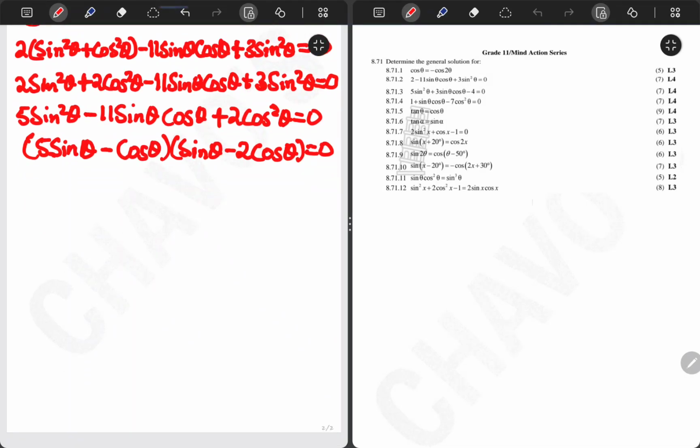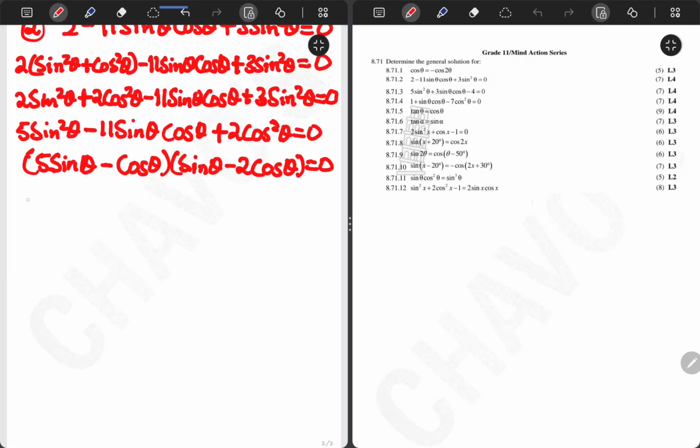Then from there we can solve for sine quickly.